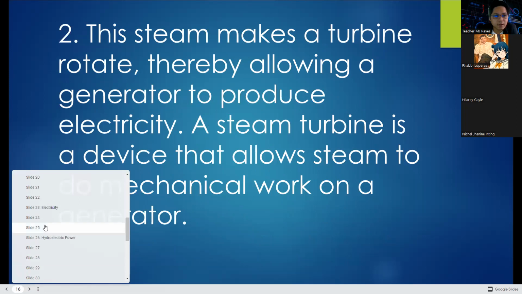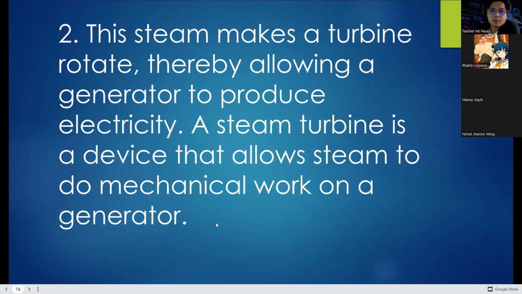The second step is this steam makes the turbine rotate, thereby allowing the generator to produce electricity. So the production of electricity is in the turbine, the one that I was telling you a while ago.